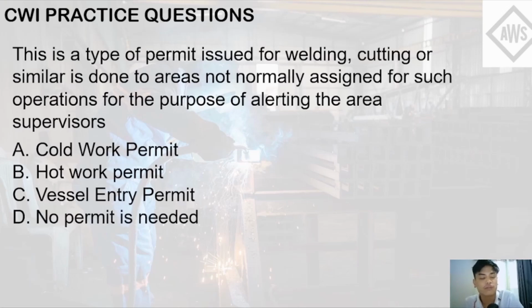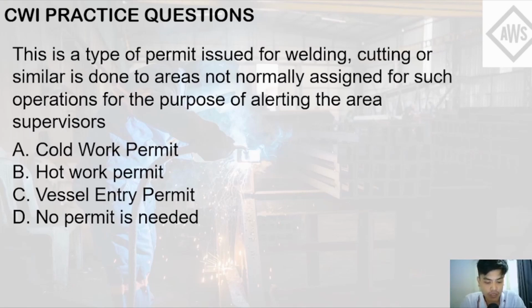For the first choice, cold work permit, it is just for a work activity that doesn't produce sparks or doesn't generate any heat. So that's cold work. Hot work is for welding, cutting, that use oxyacetylene for example. Basically the one that generates fumes or generates heat for that activity.